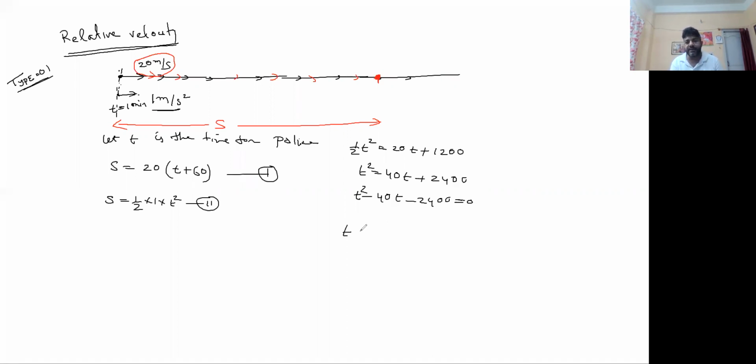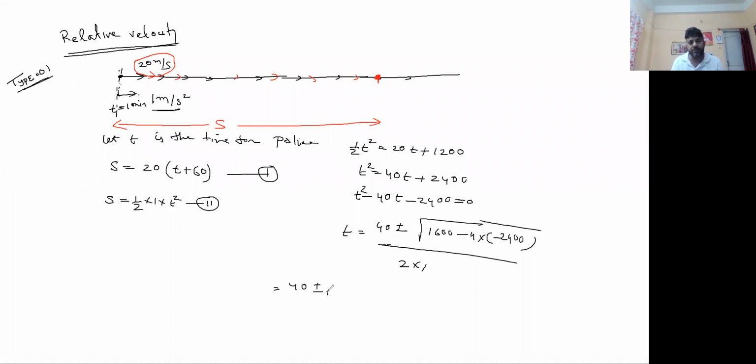You can find t: that is 40 plus or minus the square root of b square, that is 1600, minus 4 into a into 2400, by 2 into 1, that is 40 plus or minus the square root of 1200... by 2.